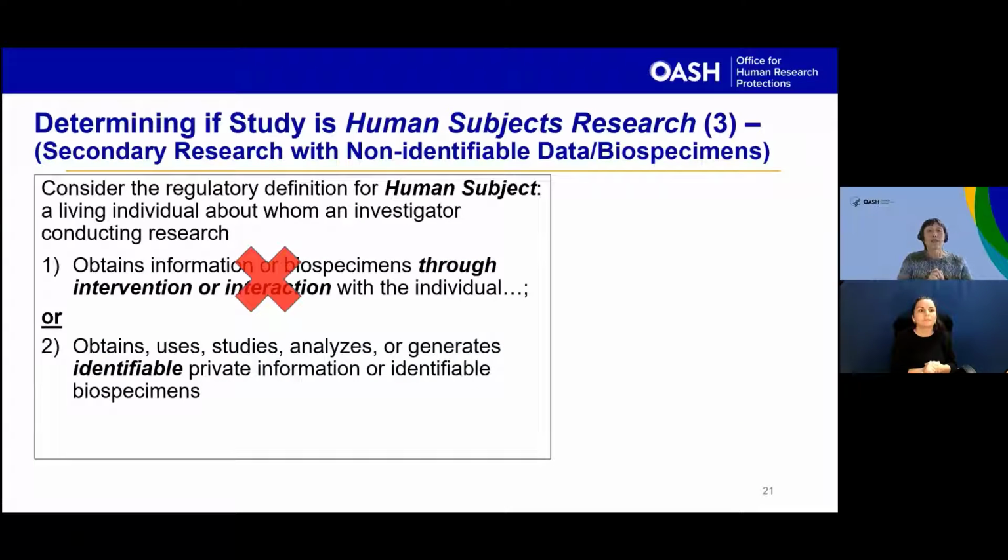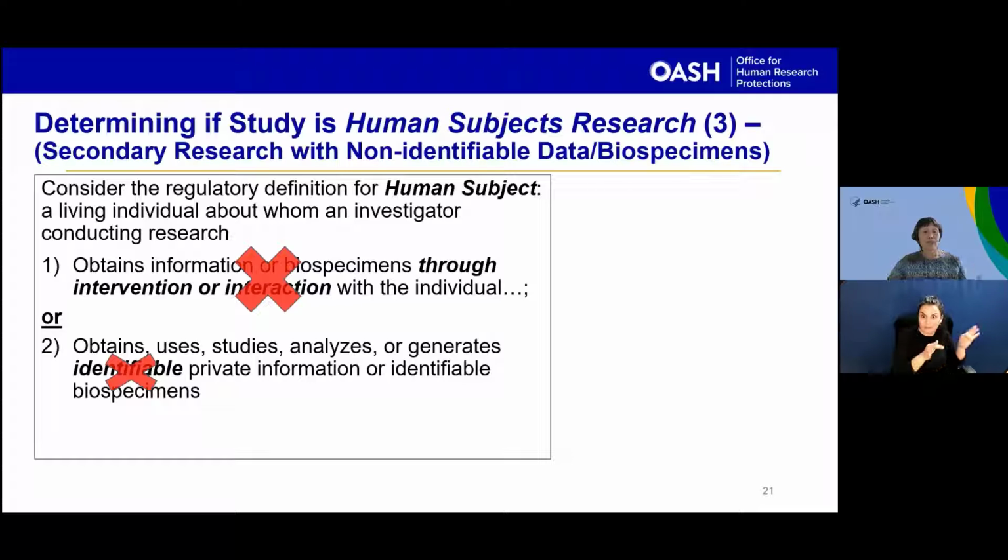So let's come back to the definition of human subjects, right? We were working on the second definition. We said identifiable is the keyword here. What if it is really not identifiable, based on the definition that I just explained to you?